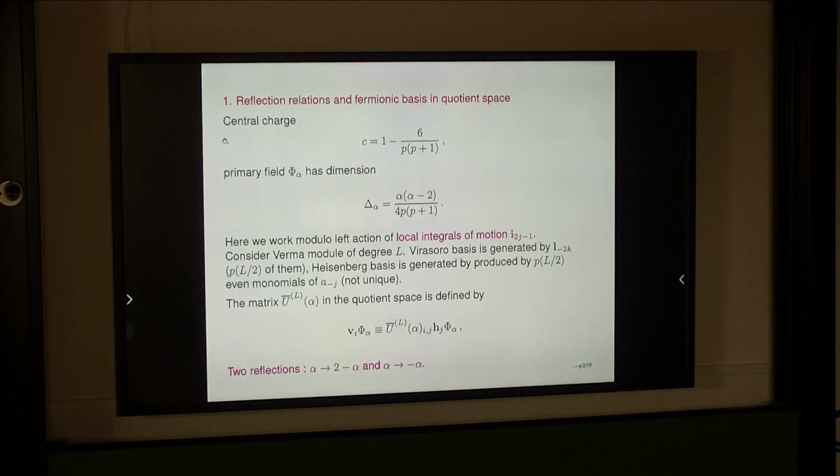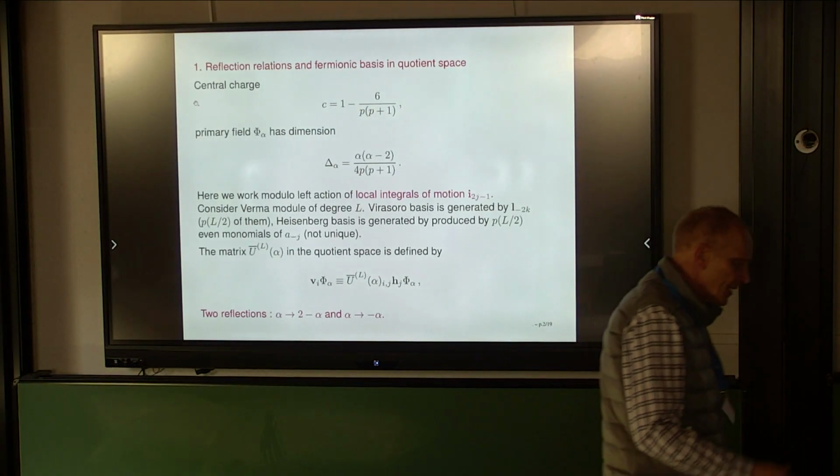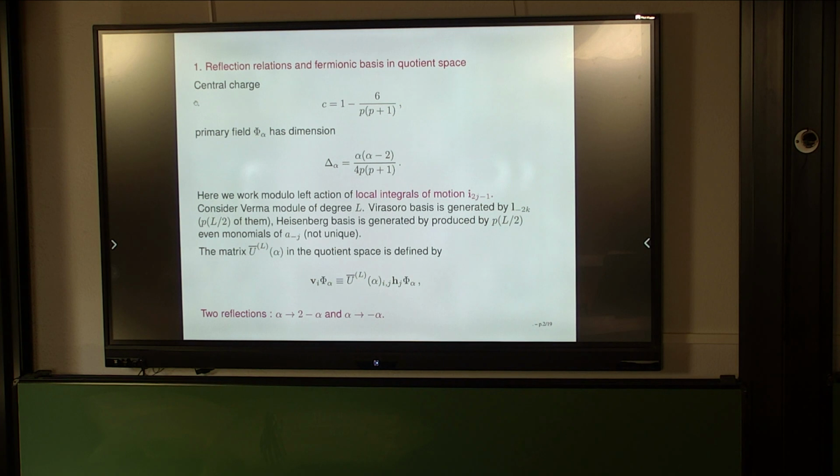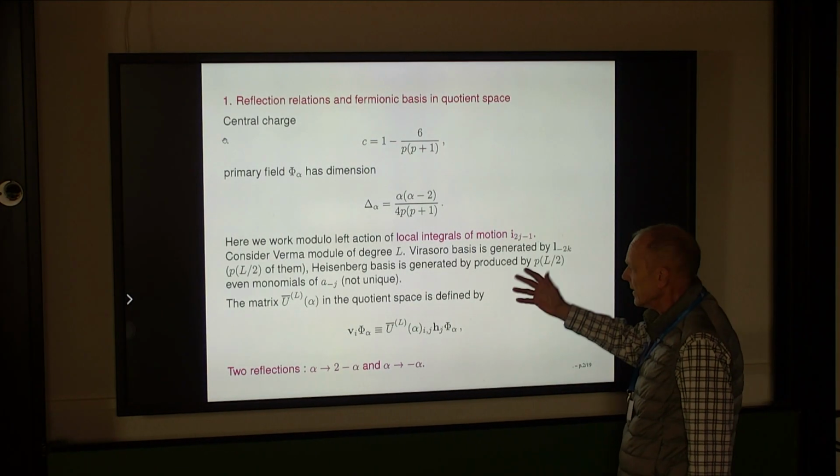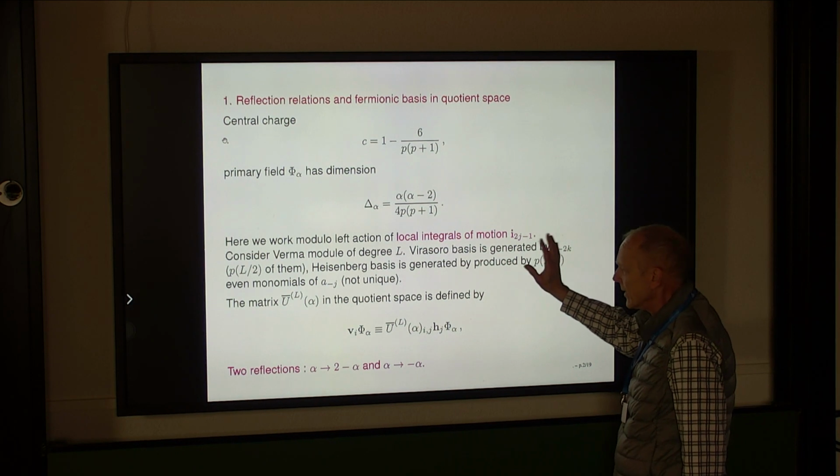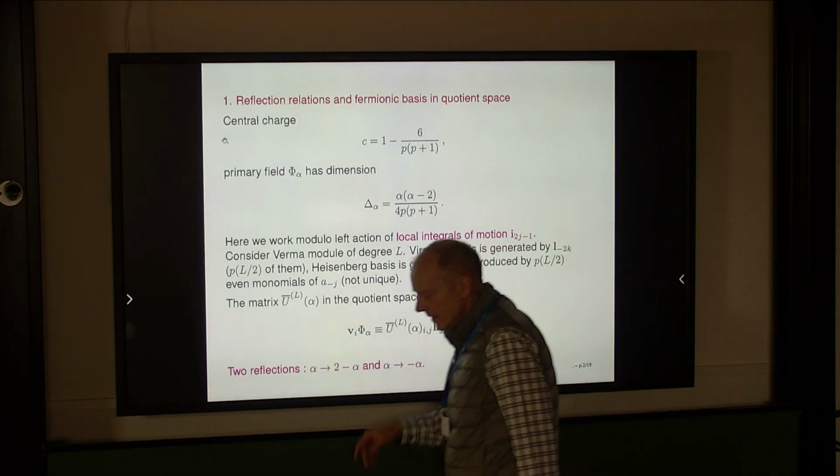The only requirement is that I take an even basis, a to minus a, for Heisenberg. It is not uniquely defined, but I take any one, any one which I like.